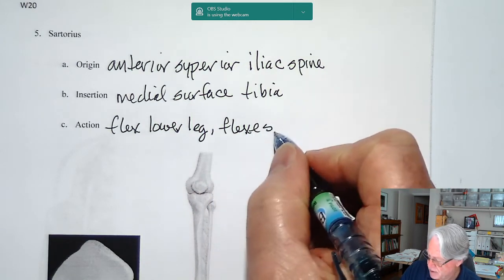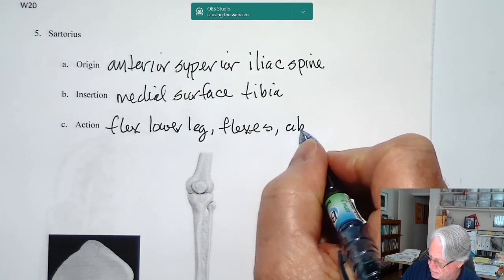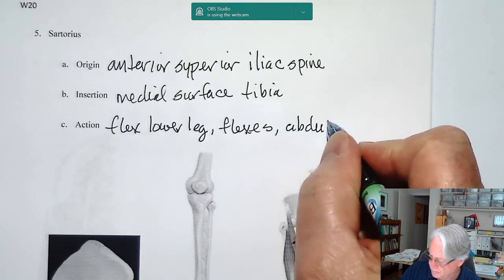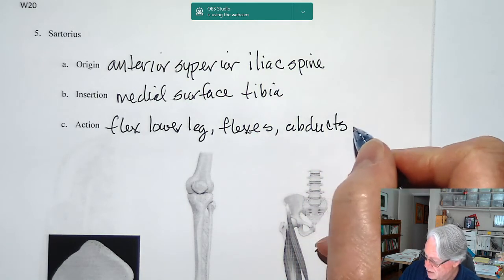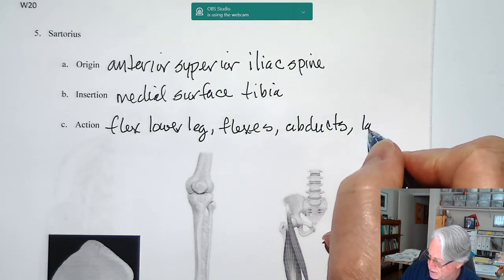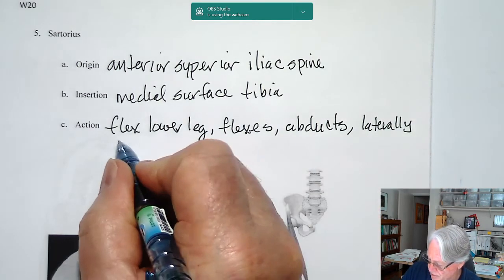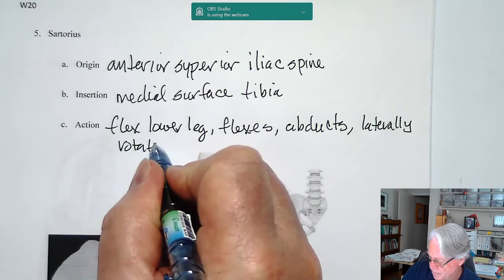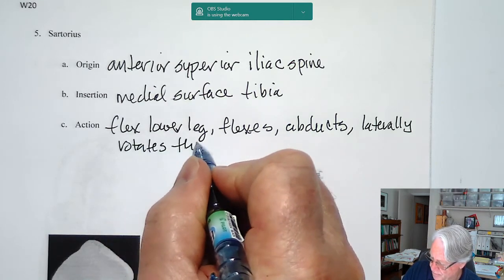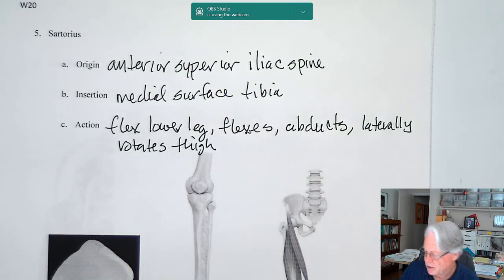Flexes, abducts, and laterally rotates the thigh. So flexing the lower leg means that the leg below the knee comes backward towards your back.